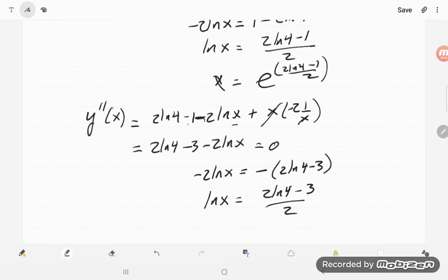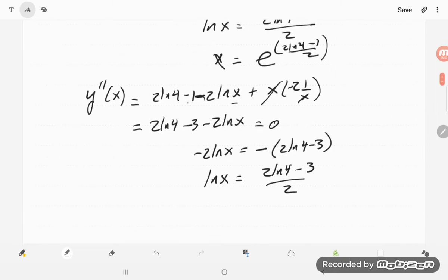Wow. Okay. And so if I have done this correctly, x is equal to e to the 2 log 4 minus 3 over 2. Now, these numbers, can I do anything with them? Well, I could just put them into a calculator and get them done that way.